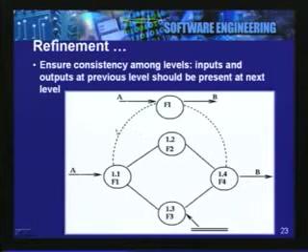As we do refinement, we must also ensure consistency at different levels of refinement. Here is an example where on the top we show a data flow diagram in which process F1 has been defined as having input A and producing output B. Now, this process F1 itself may be fairly complex, and it may be decomposed into different sub processes.